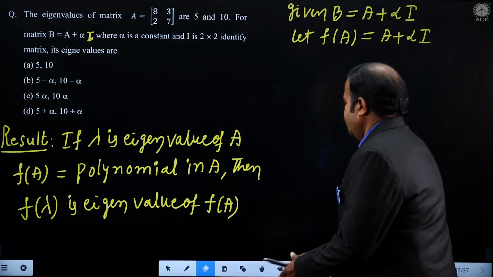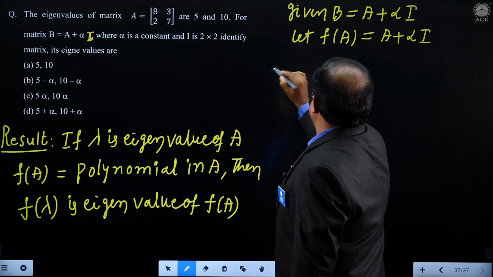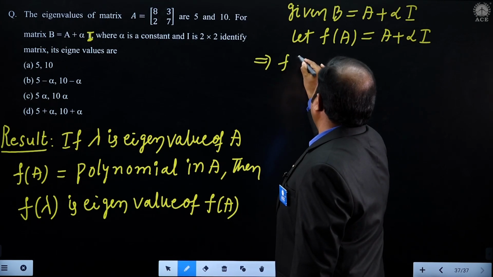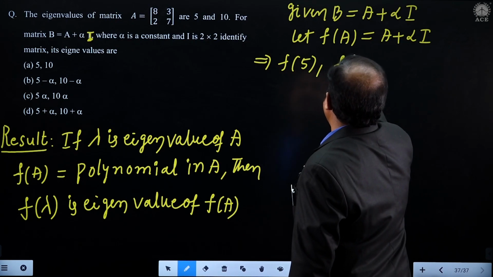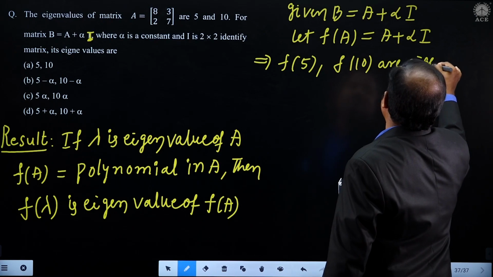Right. So coming to that, by the above property, f of 5 and f of 10 are eigenvalues.